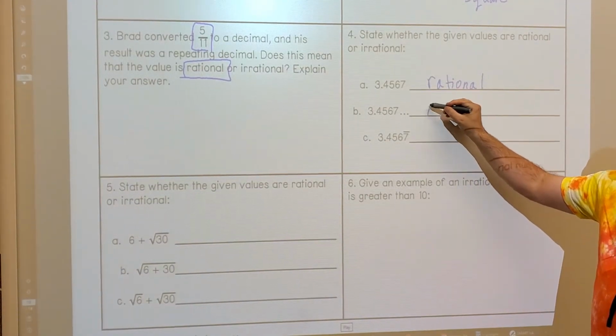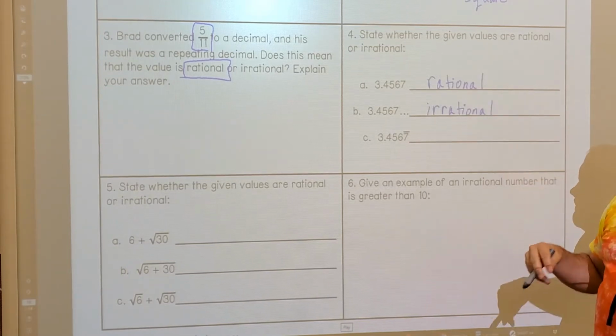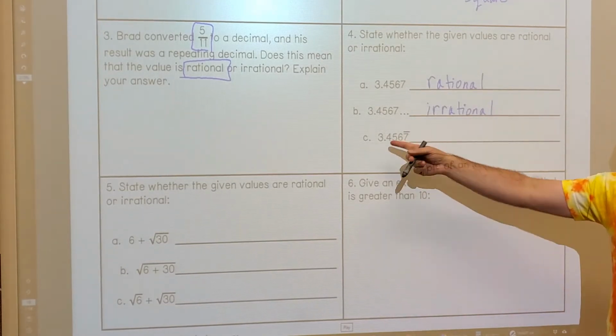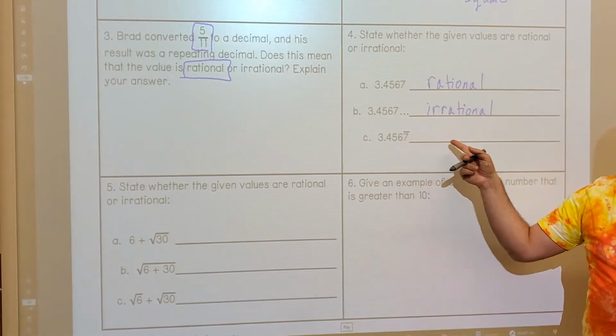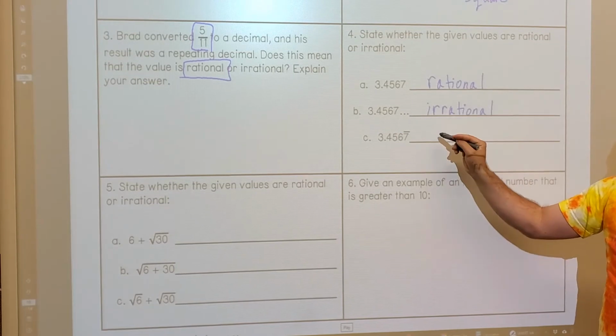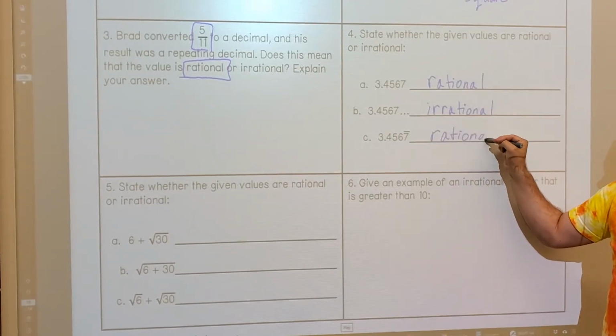Okay, that one is irrational because it does not end and it does not repeat, at least that we can see. And then 3.4567, and then that's a 7 with the repeating bar, 7, 7, 7 forever, and that is repeating, which means it is rational.